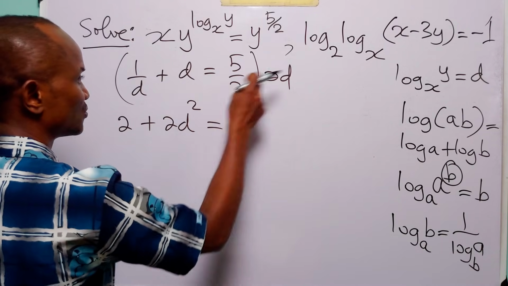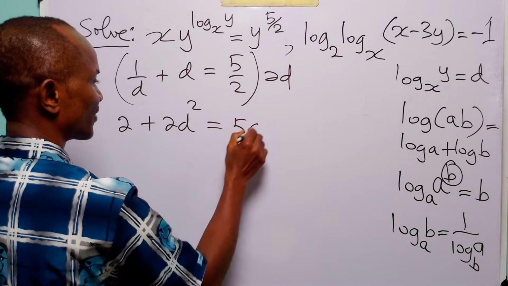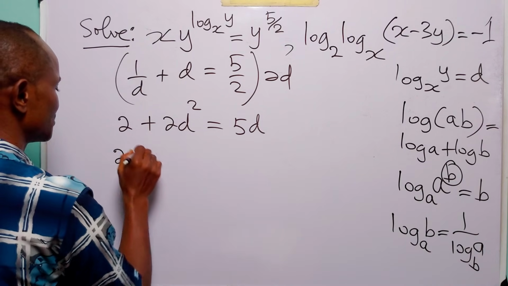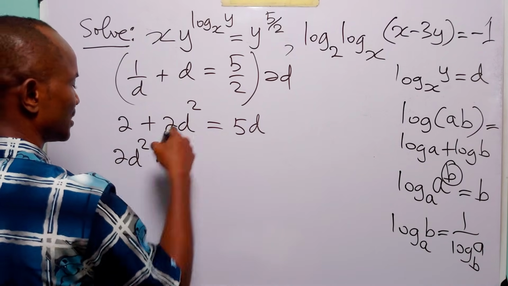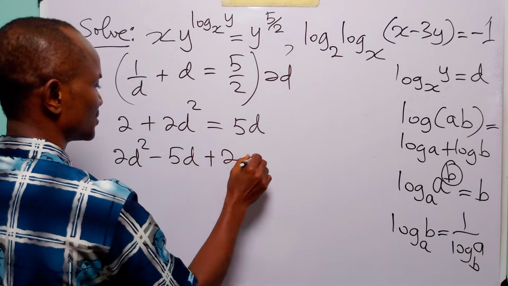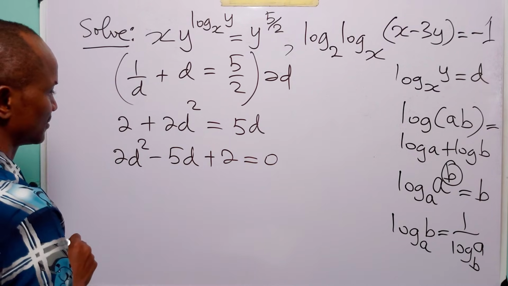And 5 over 2 times 2d is equal to 5d. Rearranging this equation, we have 2d squared minus 5d plus 2 is equal to 0.